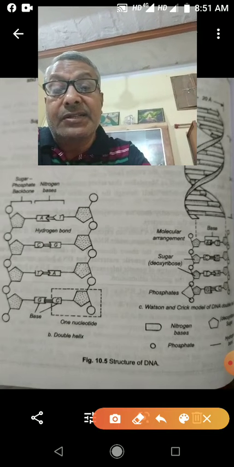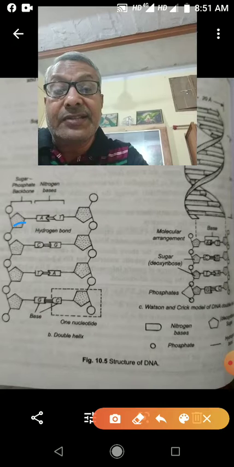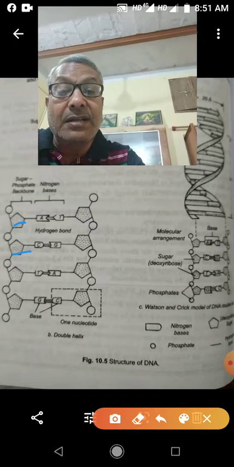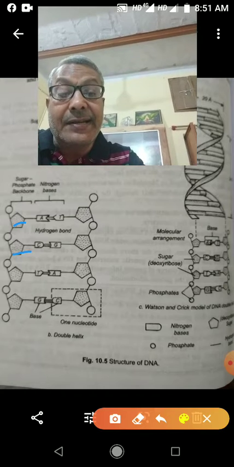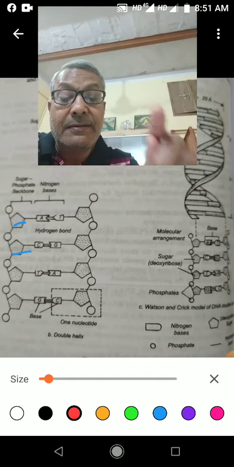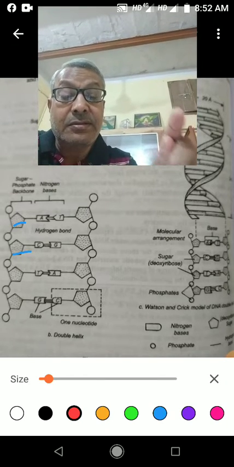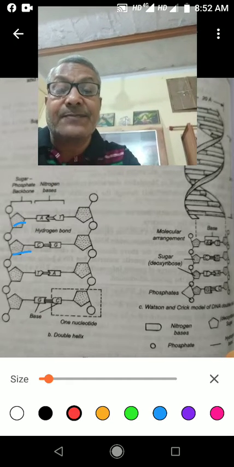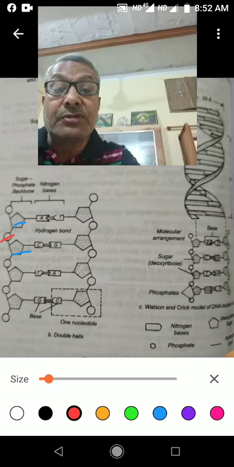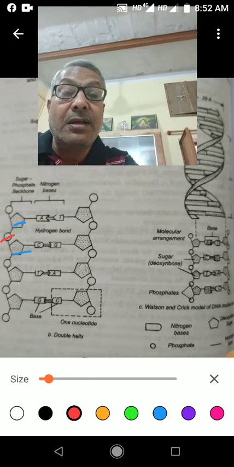Here this is one nucleotide and this one is another nucleotide. So these are the two adjacent nucleotides. They are linked through one phosphate molecule by a phosphodiester bond. So this is the phosphate molecule.